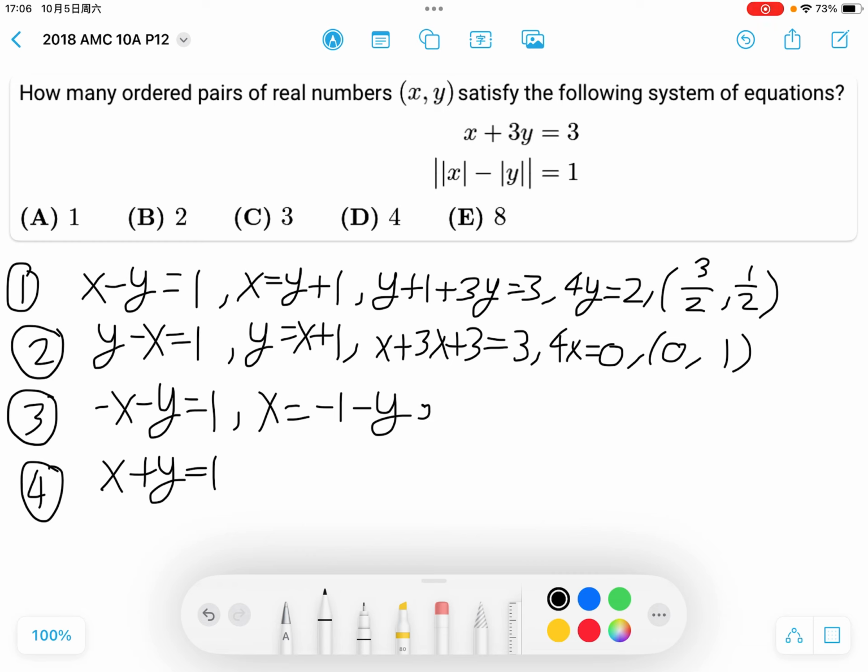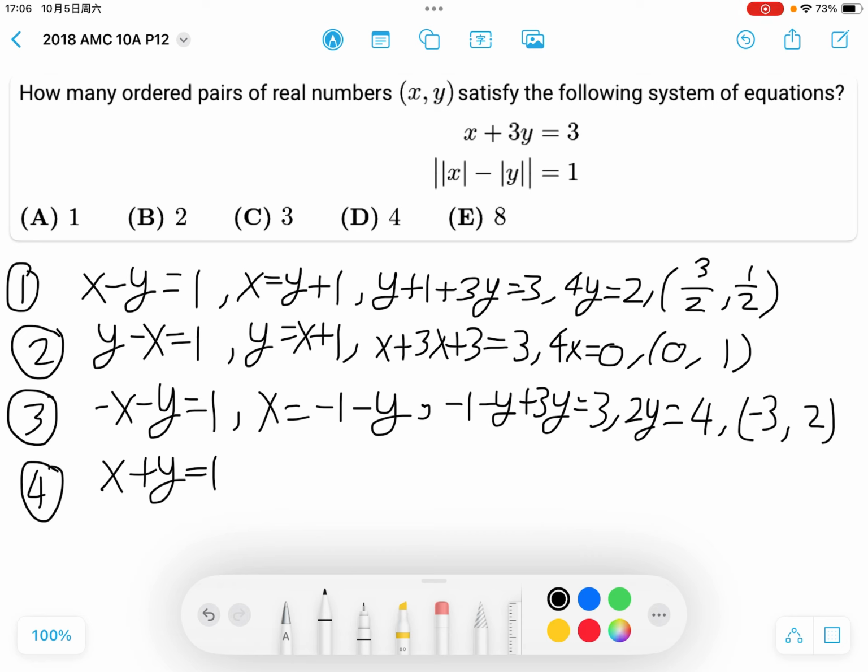So how do we use this? Then just plug it in. Negative 1 minus y plus 3y equals 3. So we know that 2y equals 4. So y is 2, and x is negative 1 minus 2, which is just negative 3.